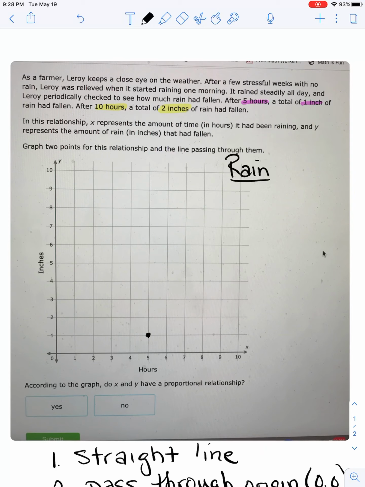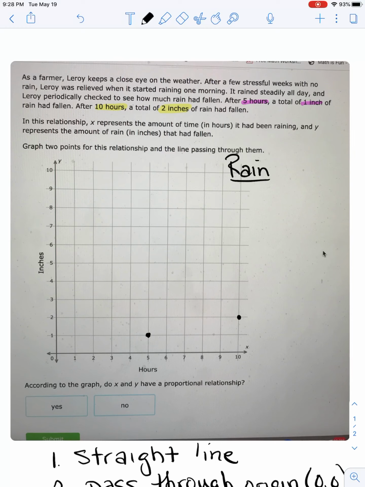Then we look at the next pair: after 10 hours, 2 inches of rain. So I'm going to go all the way over to 10 on the x and up to 2.